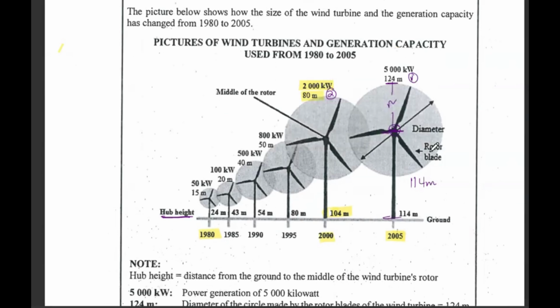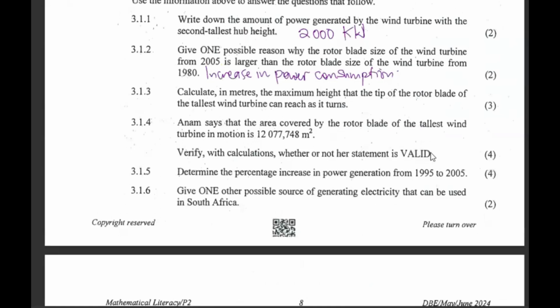So it will be the hub height plus the diameter divided by 2. Add that up and we see 114 plus 124 divided by 2. We shall end up having the answer as 176. These are meters.